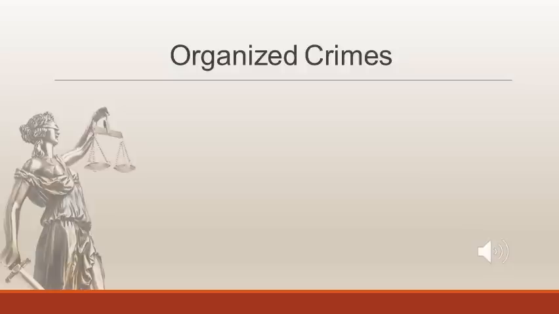Most people have heard of organized crime, and most people associate the mafia when we're talking about organized crime. But it is not necessarily just about the mafia. It's about any organization. So let's begin and define what an organized crime is.